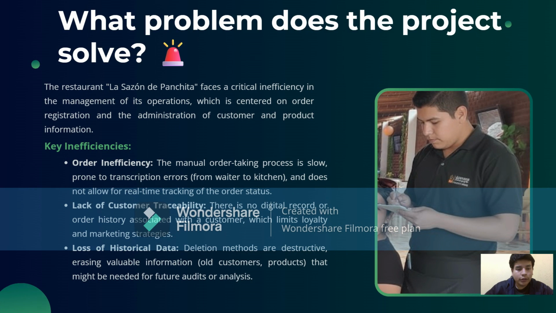Order inefficiency. The manual order taking process is slow, prone to transcription errors from waiter to kitchen, and does not allow for real-time tracking of the order status.